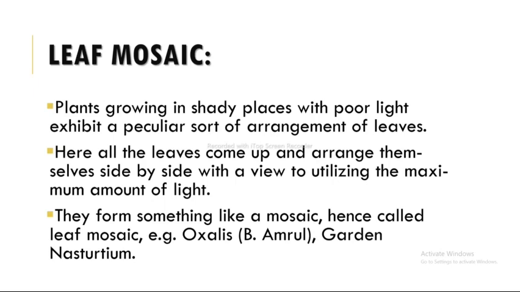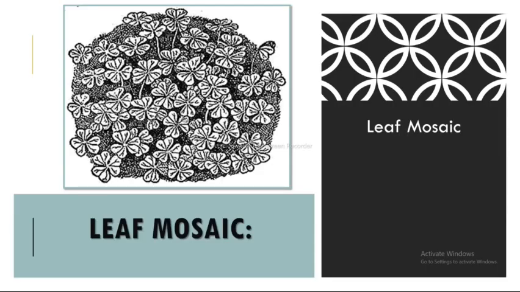Hence they are called leaf mosaic. For example, in the oxalis, which is also known as the bee embryo, and garden nasturtium. So this is the leaf mosaic you can see in this figure.